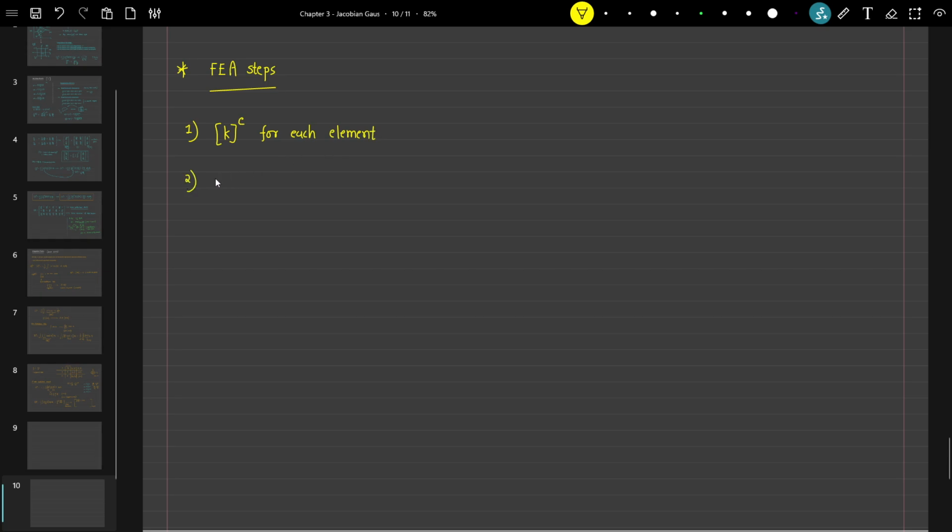Then we perform assembly of all the elements and we get the total or global stiffness matrix, the global system of equations. The third step is we apply loads and boundary conditions. Then solve for unknown displacements.